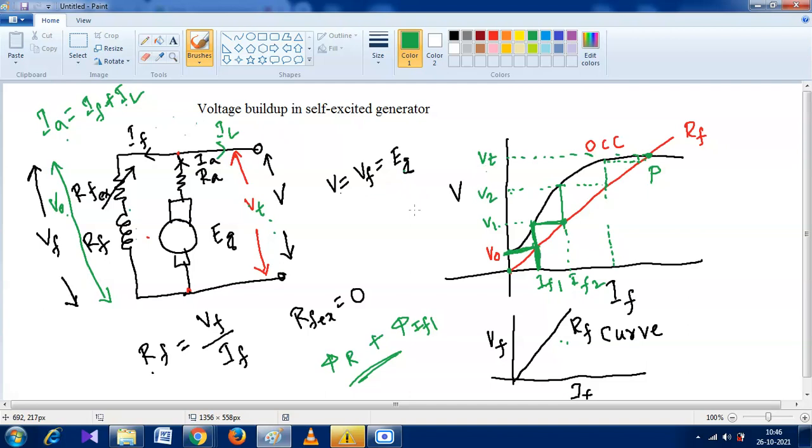Ayush, tell me. So Vt. That is the crossing point of the OCC curve and the field resistance curve. This voltage is the terminal voltage of the self-excited DC generator.